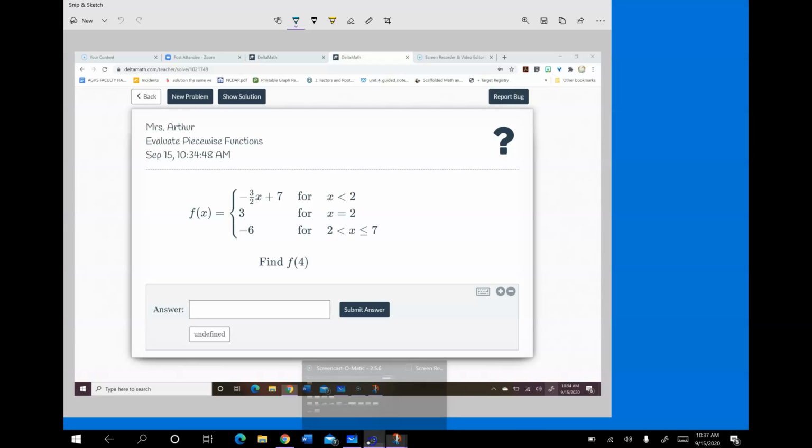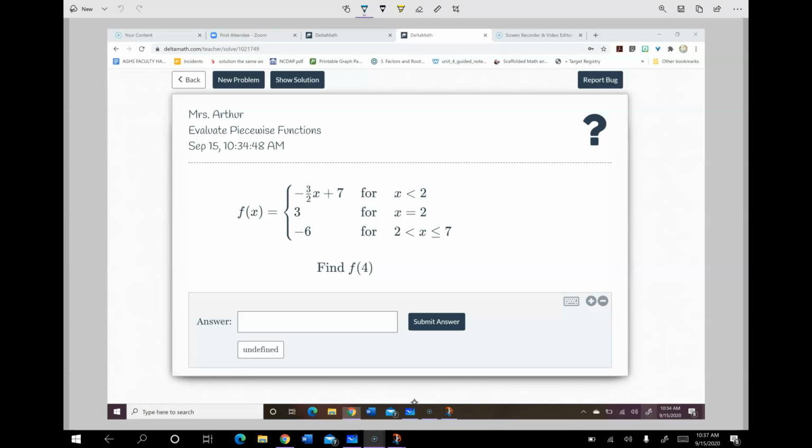All right, here we go. So, I have to use this. This is saying when x is 4, what is y? Is 4 less than 2? No. 4 is not less than 2.